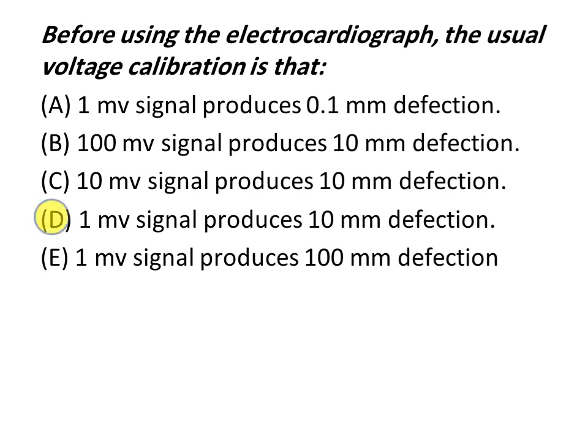The right answer is D. 1 millivolt signal produces 10 millimeter deflection, 10 small squares.